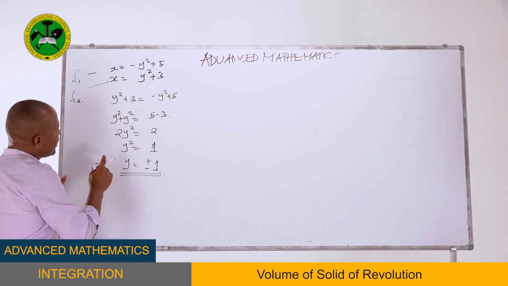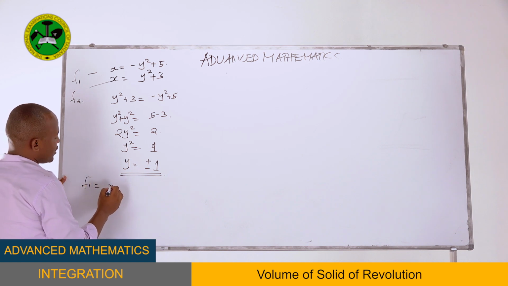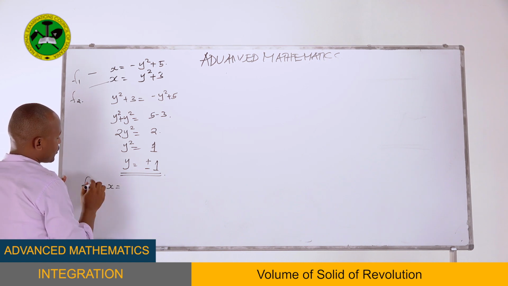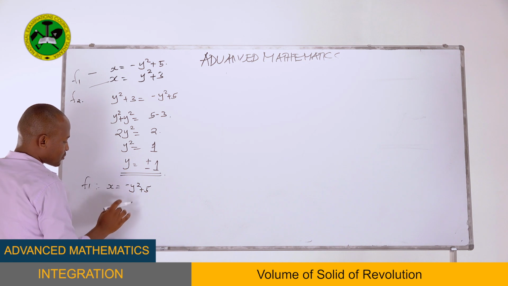How will it look like? Let's check it. For function number 1, we have x equals negative y square plus 5.